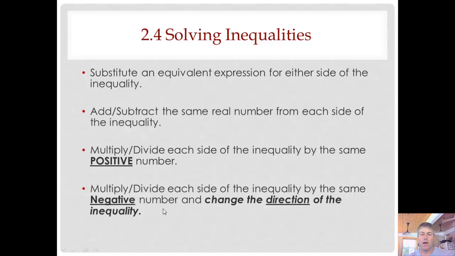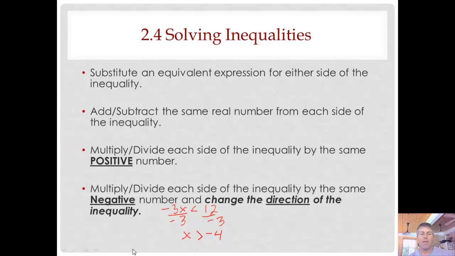Okay, so let's use a different example, with pretty easy numbers. If we have negative 3x is less than 12, we can divide both sides by negative 3. However, we have to change the direction of our inequality symbol, so our less than symbol becomes a greater than, and we get x is greater than negative 4.